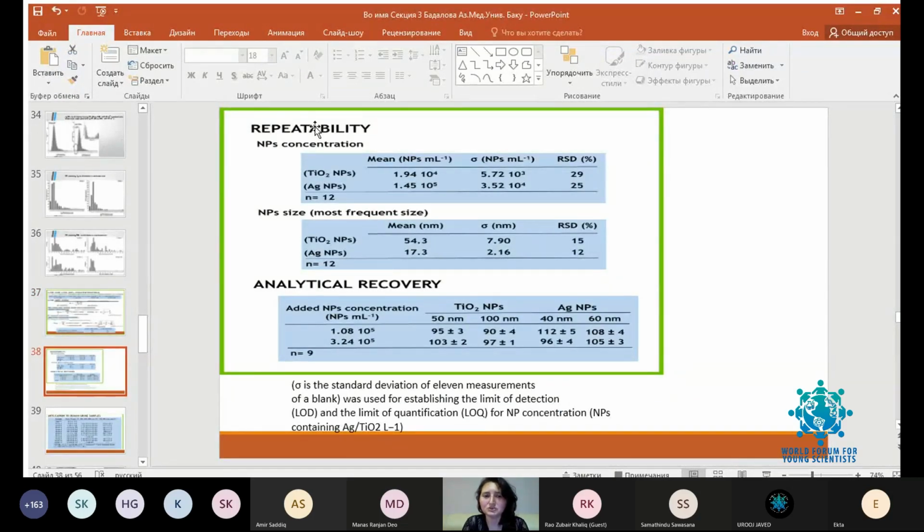And also we used repeatability, where we have nanoparticles concentration, nanoparticle size, most frequent size for the titanium dioxide and for the silver, and the analytical recovery. We calculated these parameters for the 12 urine samples.